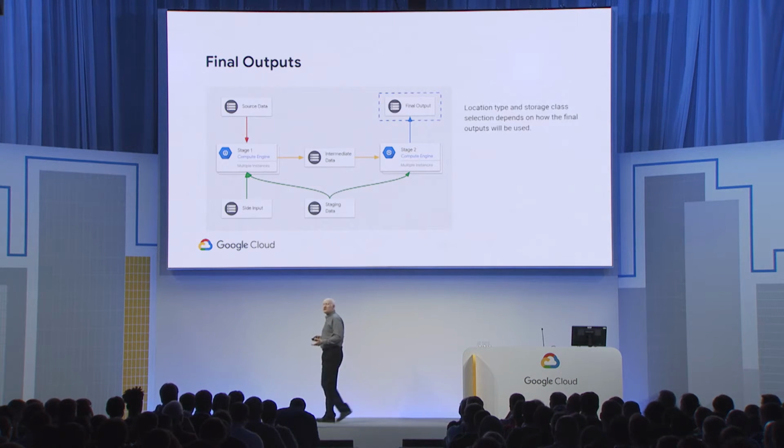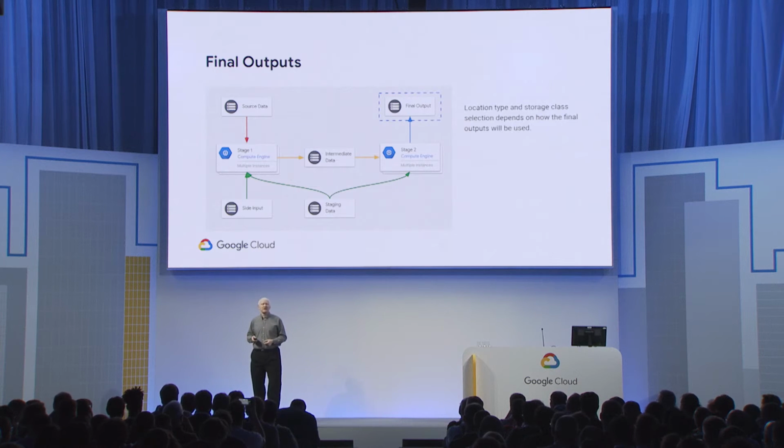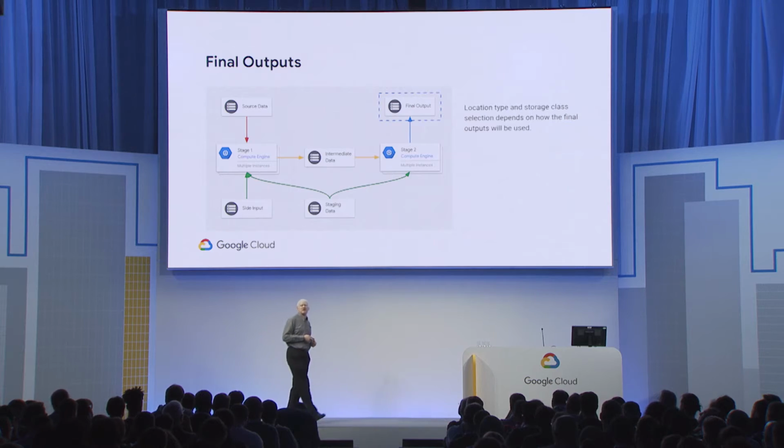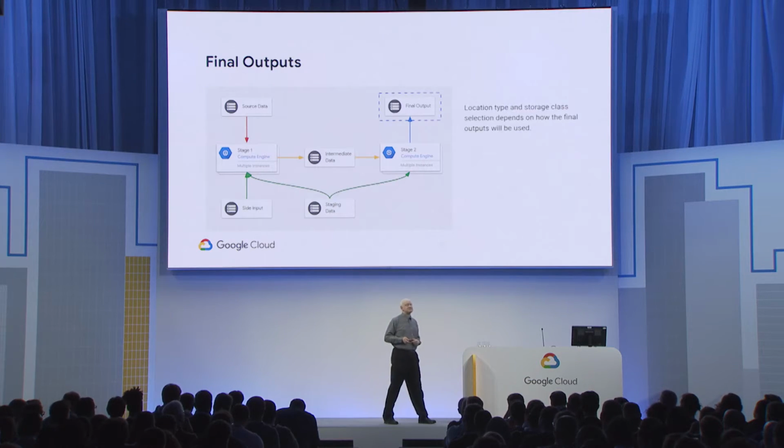If you're going to be pulling it into BigQuery or a data warehouse, a regional bucket may be just fine. Right? So it really depends on what you're going to do with that destination. So sources in regional buckets, your side-loaded data in a variety of places, your intermediate results in persistent disk or local SSD, and then your final data in typically either a multi-regional or regional bucket, depending on what you're going to do with it.